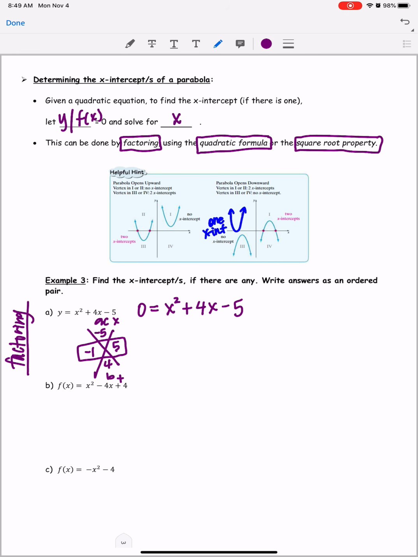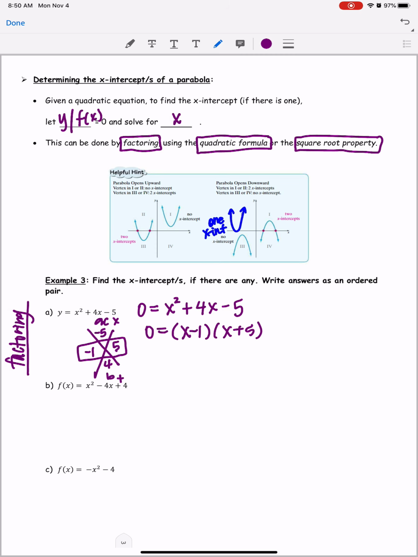Negative 1 times 5 gives me negative 5, and negative 1 plus 5 gives me a positive 4. So now this factors to 0 equals x minus 1 times x plus 5.